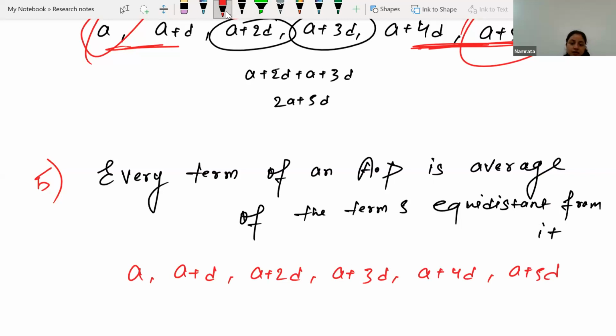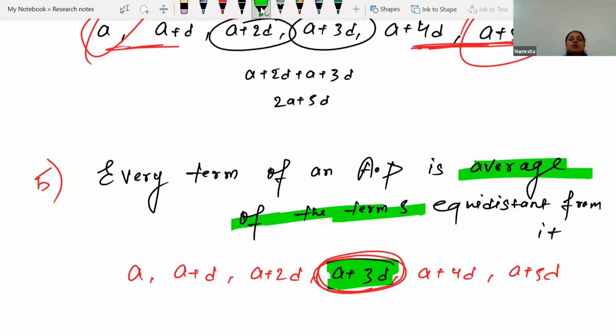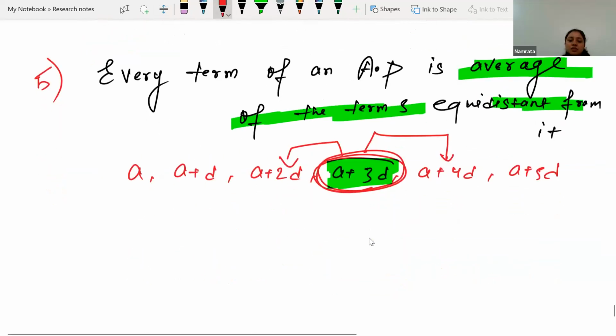So every term means let's pick any term from this AP. We have picked one of the terms. It is the average of the terms equidistant from it. Is it the average if we take one term here and one term here? So is it the average of a plus 2d plus a plus 4d by 2?